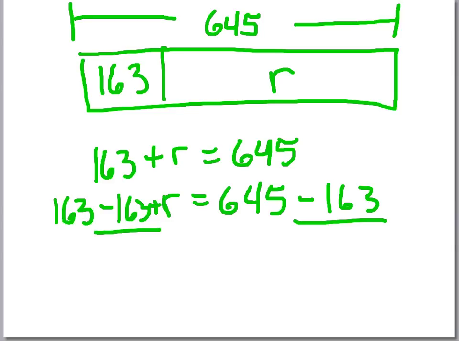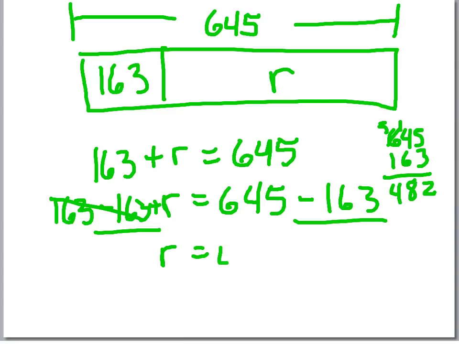Because that's what we did over here. Balance it out. So that cancels those out. We got R equals 645 minus 163. That would give us 482.